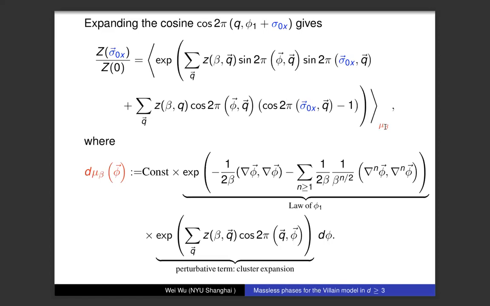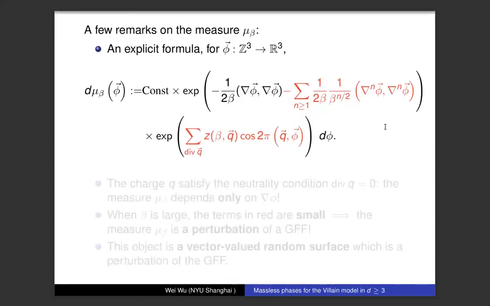This looks a bit horrible, but it's not that bad. When you write down what this mu is, you see that this term is not so great because it involves some long-range interactions, n times Laplacian, but for beta large, this is going to be a perturbation of the first term.